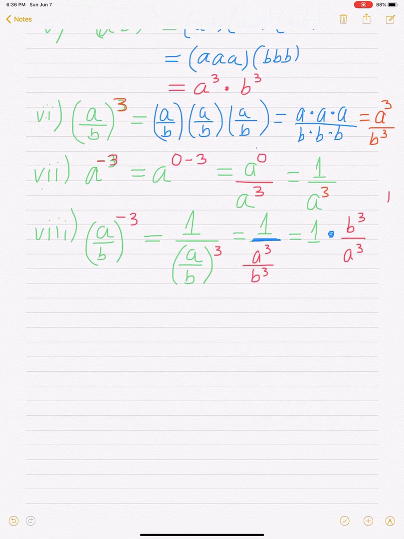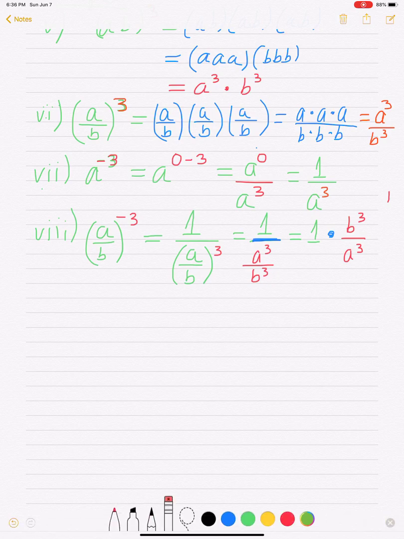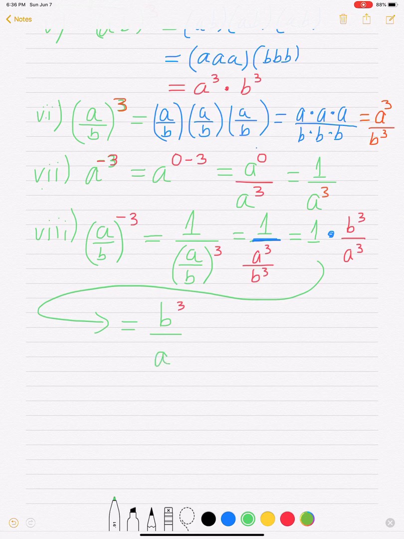Okay, there it goes. Pen is working. So this is the same thing as b to the third over a to the third.